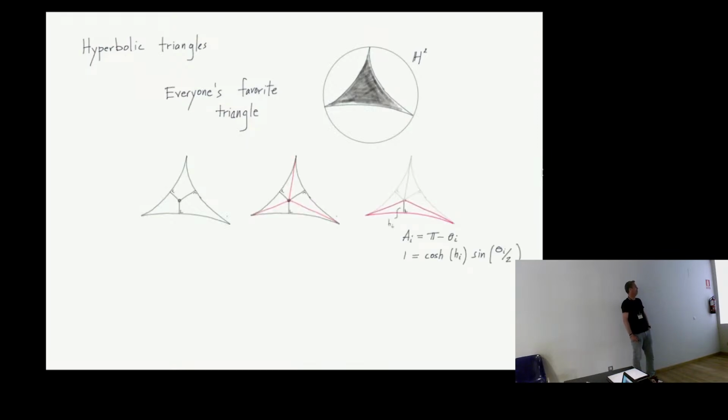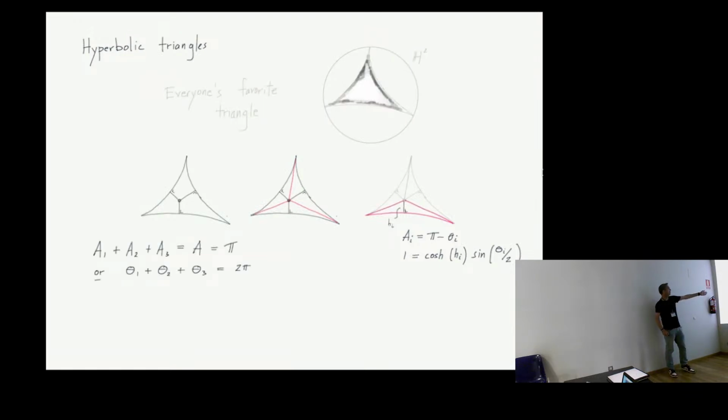We can do exactly the same thing I did before. You look at the lines that go to the vertices, which are at infinity. You break it up into three triangles, and you can compute the area of the triangles. Once you've computed the areas, you get an identity just by saying that the sum of the areas of the triangles is equal to pi, because pi is the area of the full triangle.